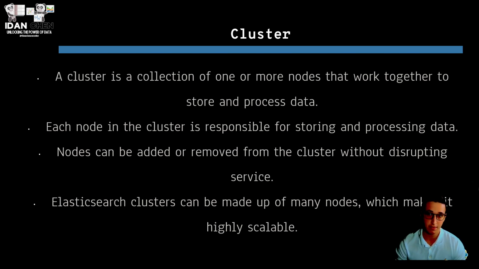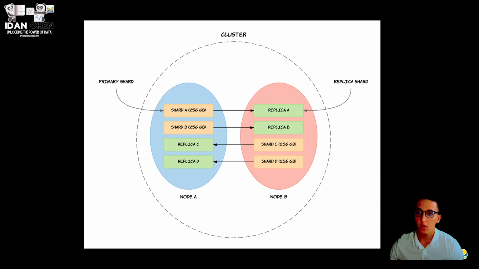Let's see an example. Here we have the big cluster. In the cluster we have 2 nodes, node A and node B, and inside each node we have shards A, B, C and D. In node A we have the primary shards of A and B and the replica shards of C and D, and in node B we have the exact opposite.